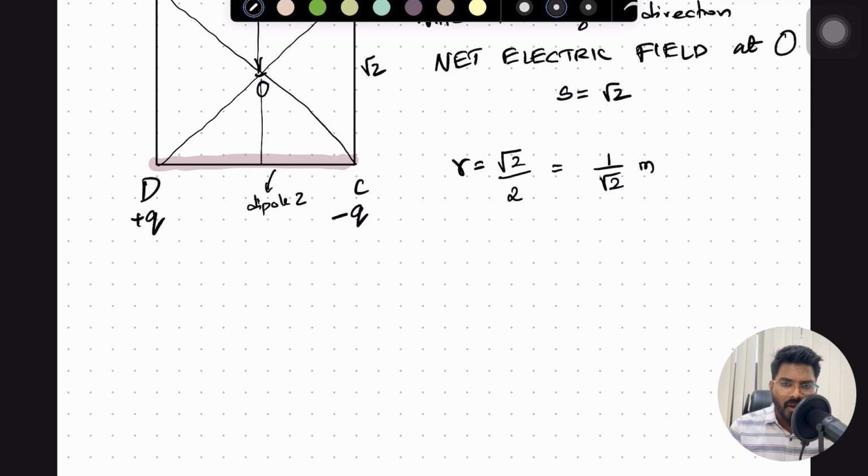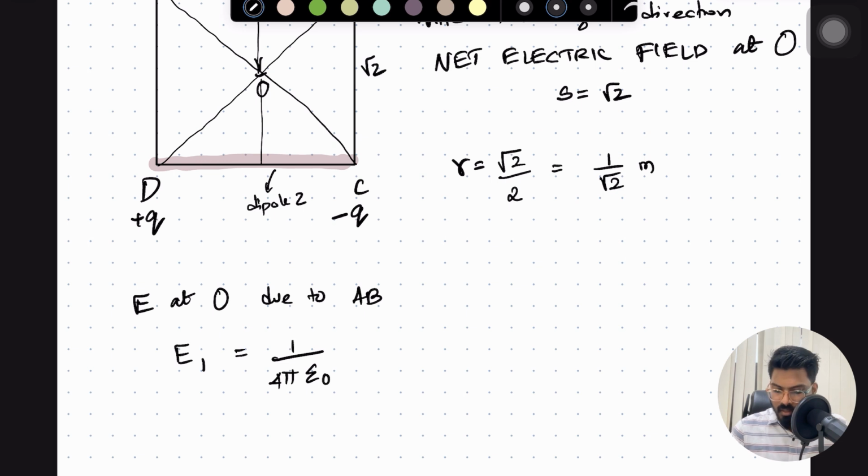Now we would want to find the electric field at O due to dipole 1, which is AB. So we write the electric field at O due to AB as E1. Now the formula for this is 1 by 4 pi epsilon naught into P by r square plus a square whole power 3 by 2.